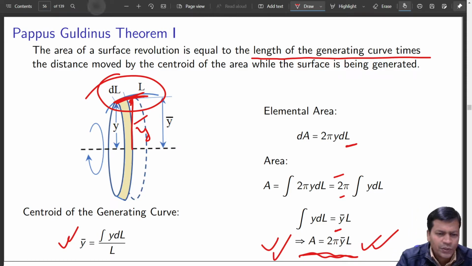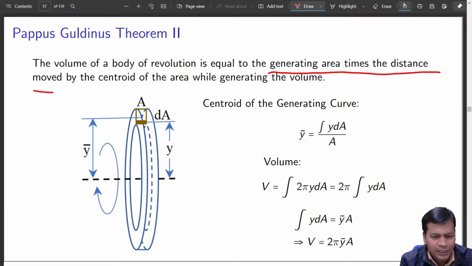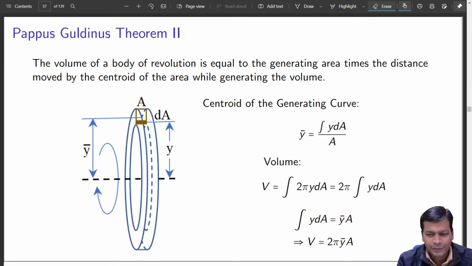So this is the first theorem, and then you have theorem 2 also. What this says: the volume of a body of revolution is equal to the generating area times the distance moved by the centroid of the area while generating the volume. You got it?